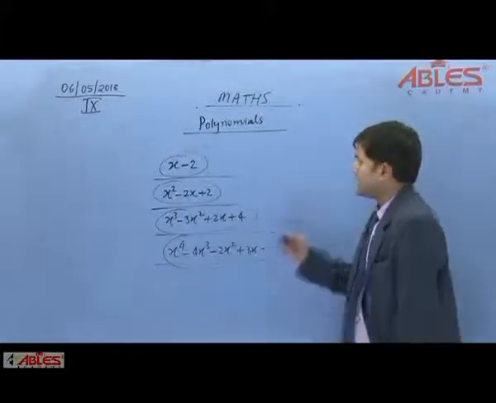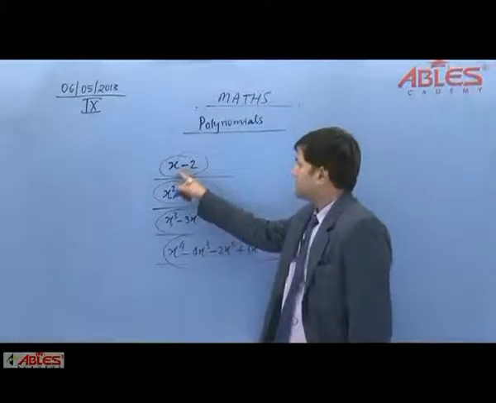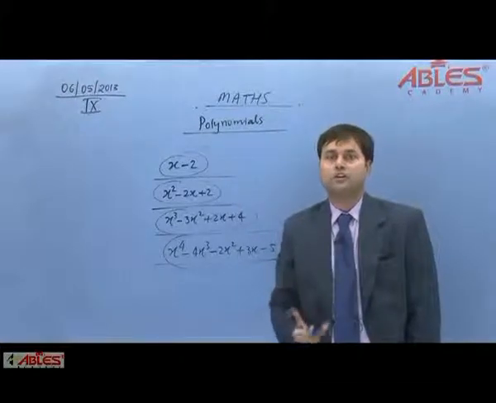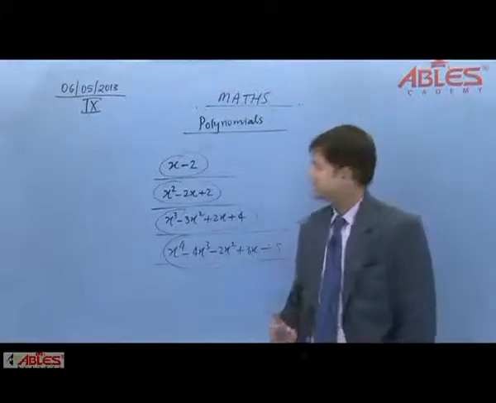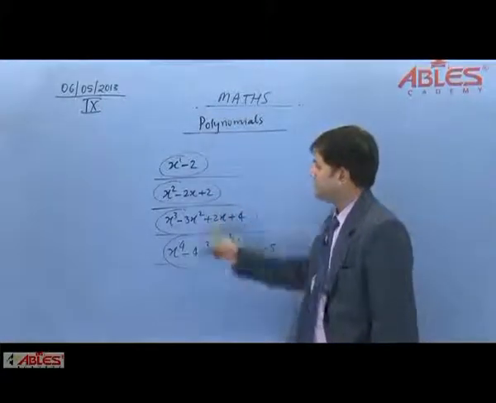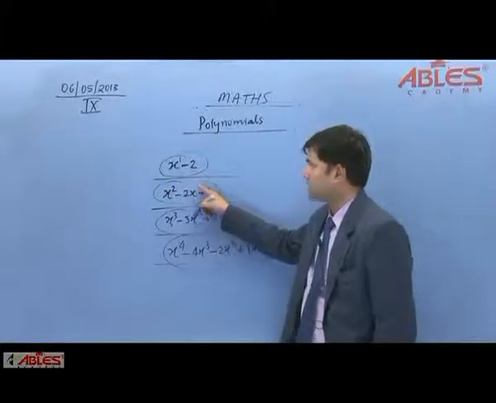We can notice the index of x here, that is the power of x. In the first, the power of x is 1. In the second, the power is 2. Here the power is 1.